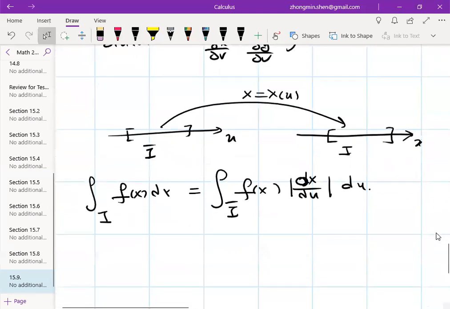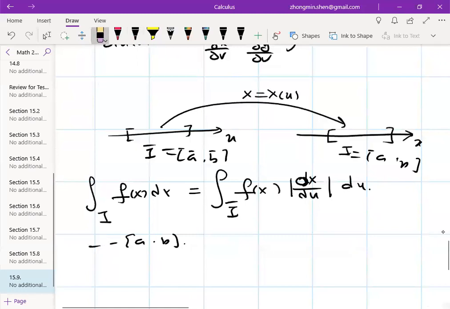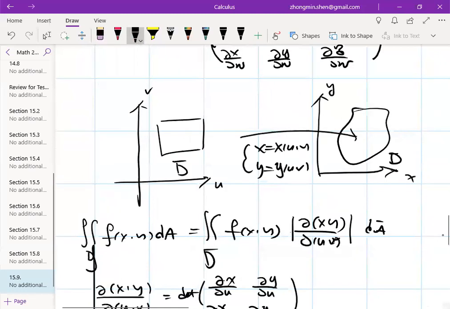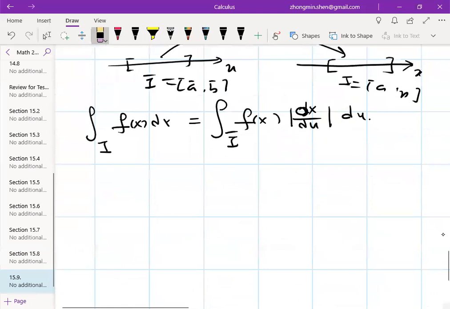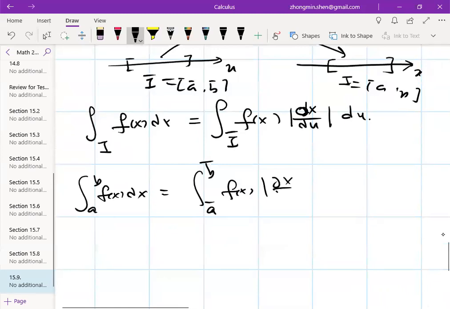If I is going to be A B, then let's put A B here, and this will be A bar B bar. And this is just the integral, and we also use A bar B bar here, and I have to use the absolute value.